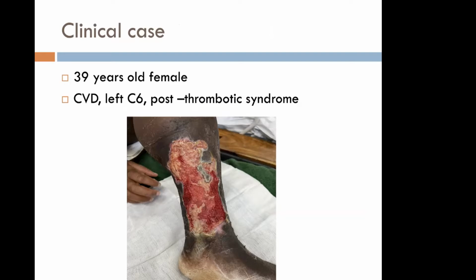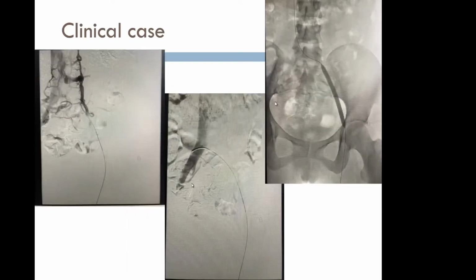Lastly, this is a lady we treated on Wednesday last week, a 39-year-old lady with venous leg ulceration from post-thrombotic syndrome. As you can appreciate, she had quite bad disease. On the left-hand side of the screen, you can see collateral veins.